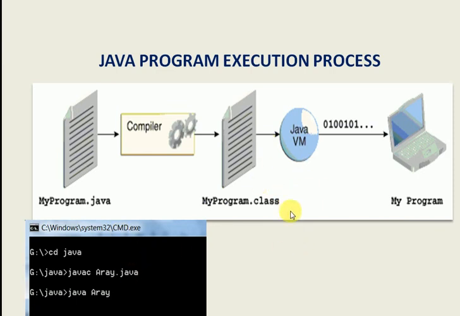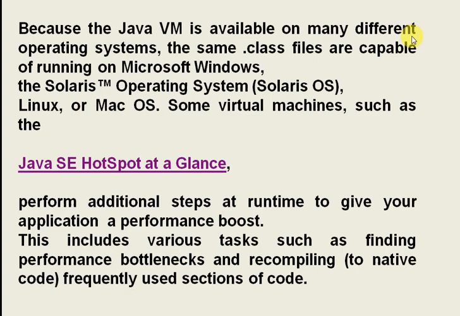So the process shows this class file gives the output to the JVM, and the JVM will produce the output and hand it over to the operating system. So this is the technology where the process is done by the JVM and API.